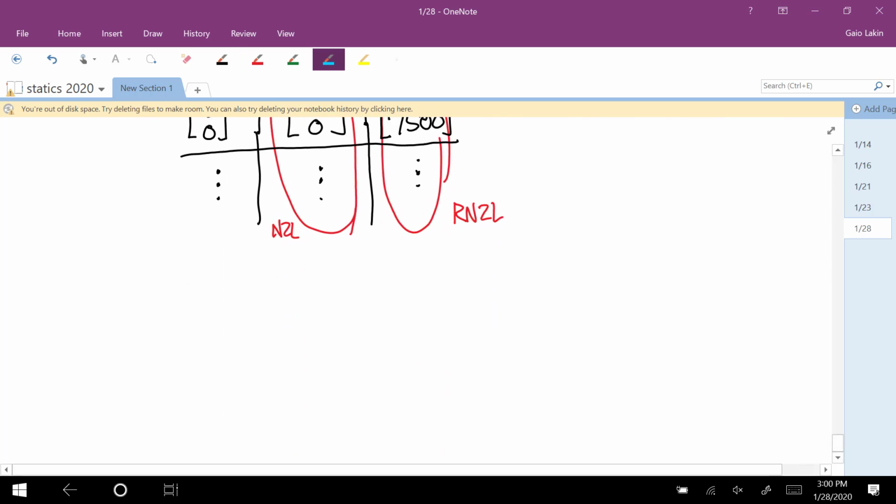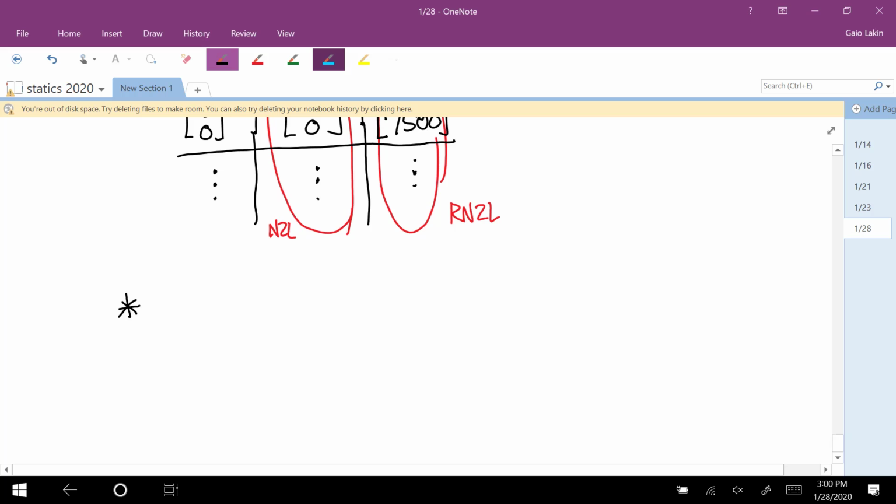Okay, so here are some things about the number of equations that you're going to get.